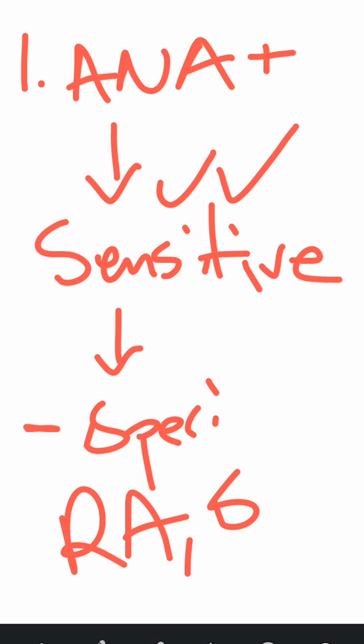So ANA should always be the first investigation that you do. Just to emphasize, it's highly sensitive, but it is not specific. So you only move on to the other diagnostic investigations if ANA is positive.